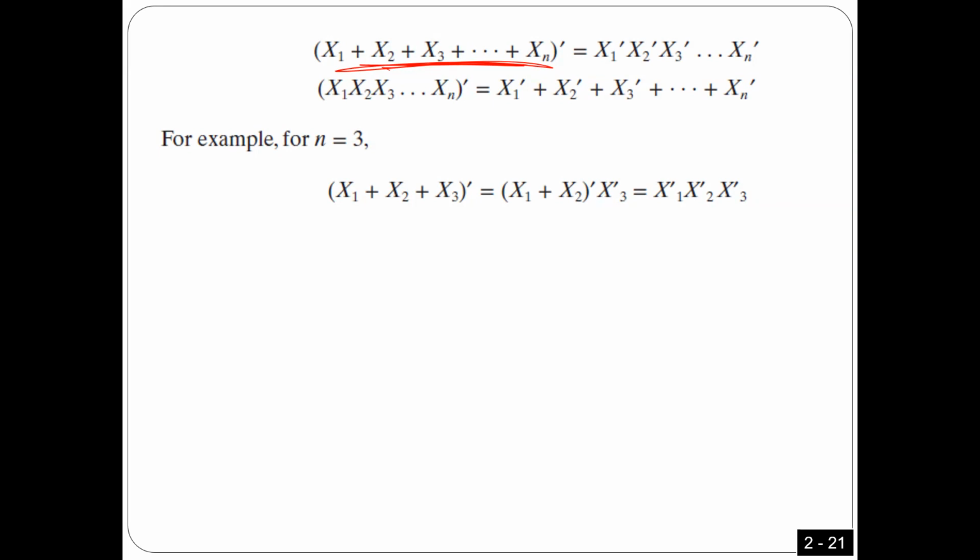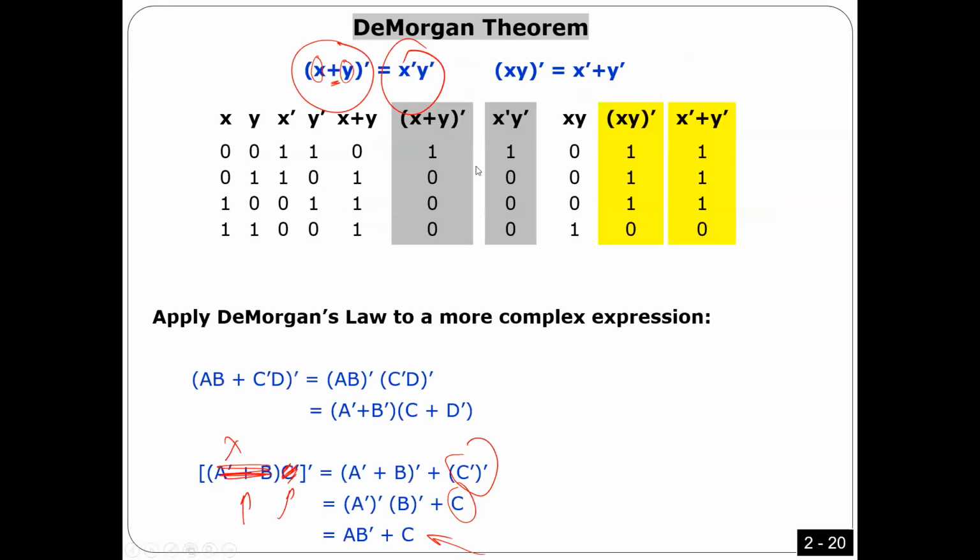So very simple, the result will be yes. It's the same as De Morgan. If you have more than one, I can do inversion for the first one, any OR I flip to AND, and do inversion. So this one is exactly equivalent to this one.